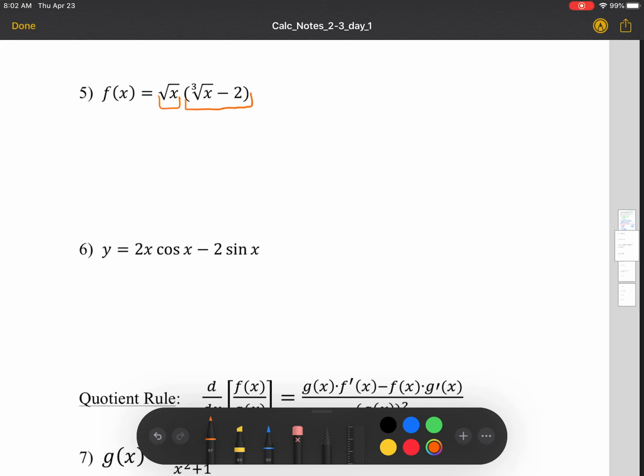All right, so identifying our 2 functions. We got our 2 functions. Now we're going to take the derivative. 1d2, 2d1.